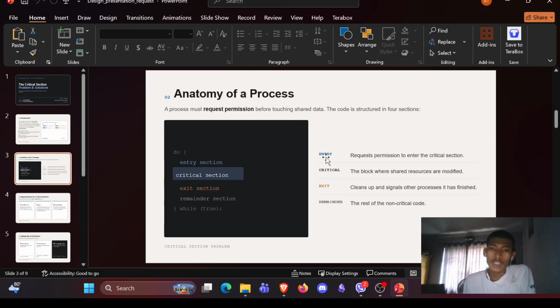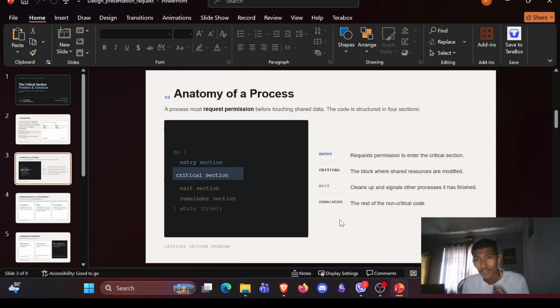The second is the critical section, where shared data is modified. The third one is the exit section. The exit section signals other processes that it has finished. And the last one is the remainder section.